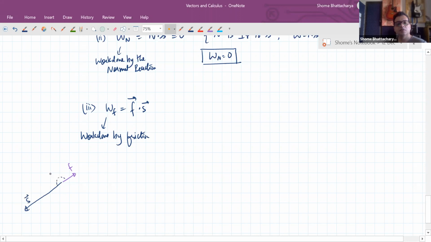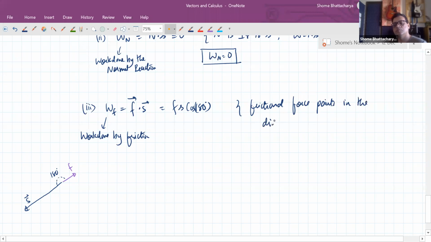So the angle between them is 180 degrees. Okay, so this will become, because the frictional force points opposite to displacement, minus of Fs.